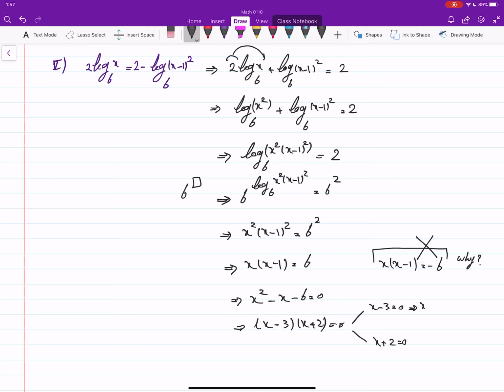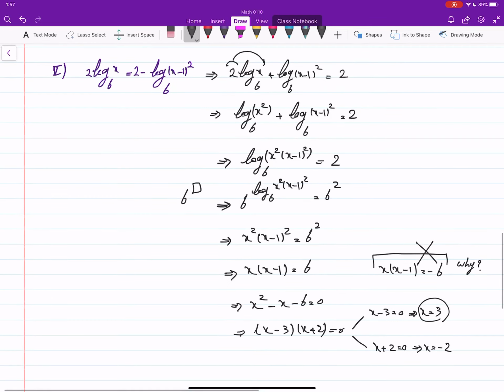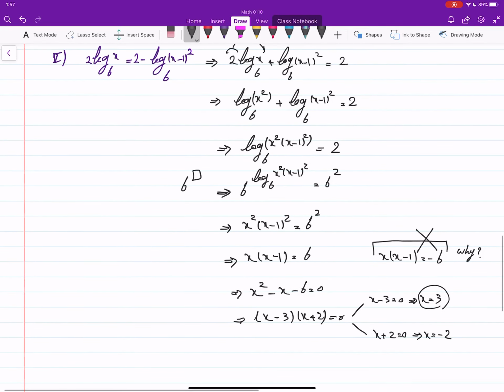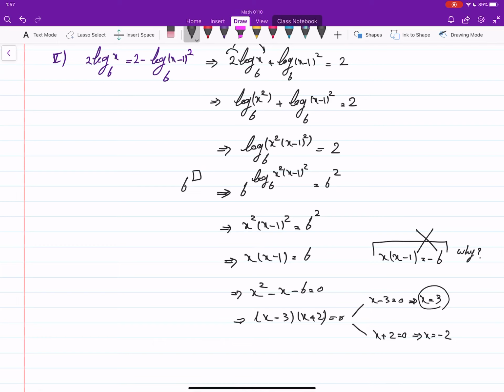And that means that x is equal to 3 or x is equal to -2. This is log equation, logarithmic equation. You have to be careful. The final numbers you find, you have to come and check if they are acceptable in the original. We can plug them into our original equation.